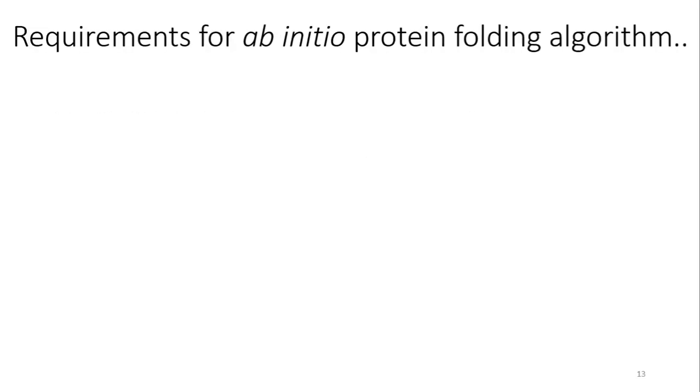Okay, so now let us try to build up what is to be expected, or what is needed to be worked out, for finding out the structure of a protein using the ab initio approach, or what should be the main features of the algorithm that we are going to design that would predict the structure of a given protein using ab initio methods. Okay, let us now discuss that.